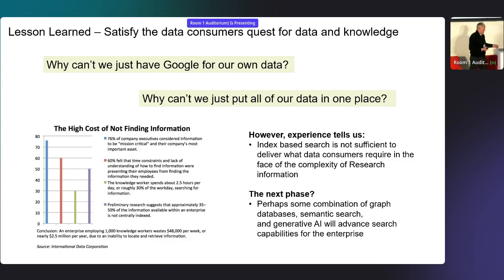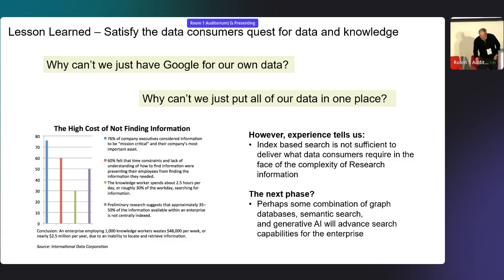Whether because the indexing approach is not sufficient, which is one of the hypotheses, but really perhaps the next phase, applying graph and bringing semantic and generative AI solutions to the space, perhaps we can have a change in productivity of findability of data, information, and knowledge across the enterprise.